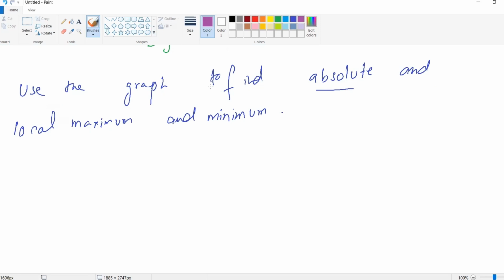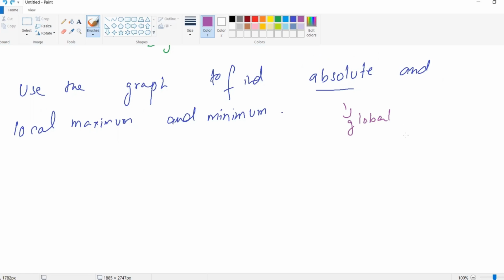Not the highest, but the minimum as well. Is it called global, because that was called the global maximum, and it's also known as the absolute maximum? Yes, but just absolute, not maximum or minimum. So absolute is what we call global. Absolute and global. Yes. Okay.